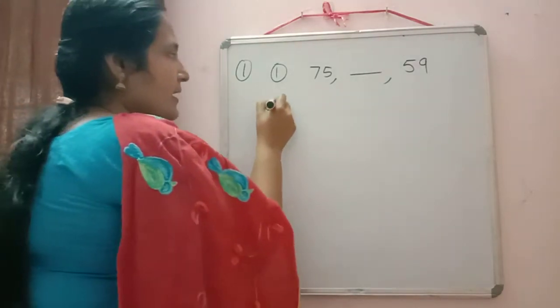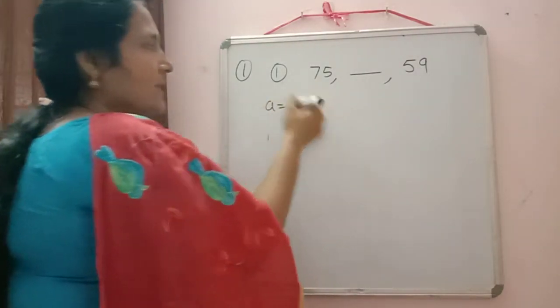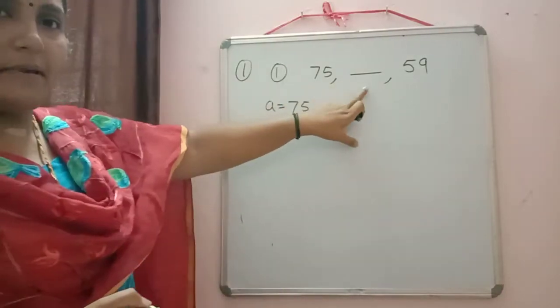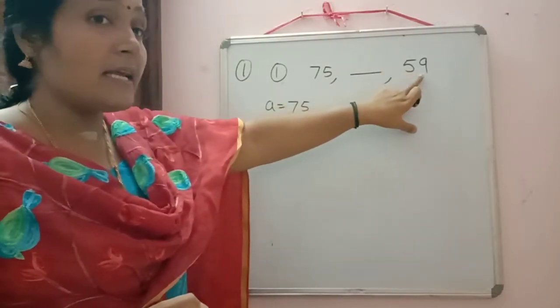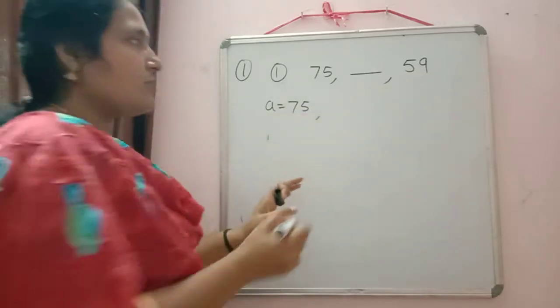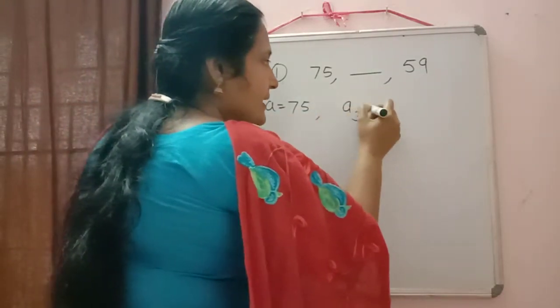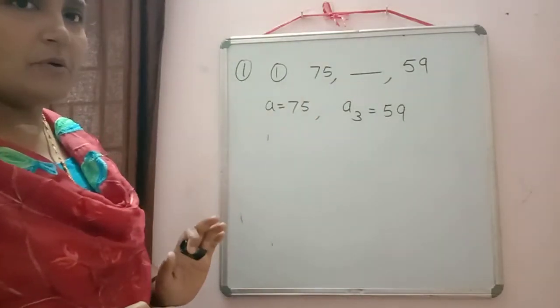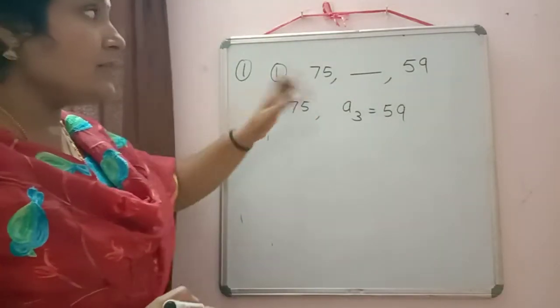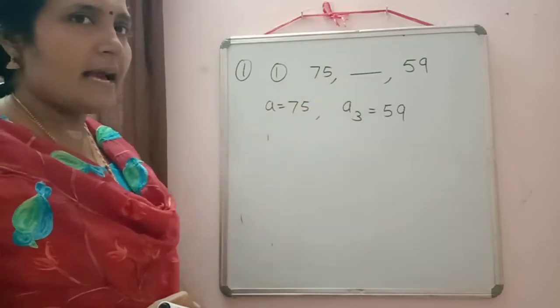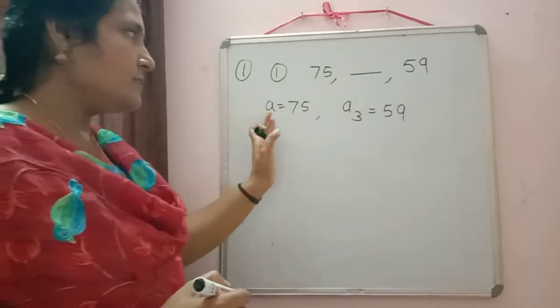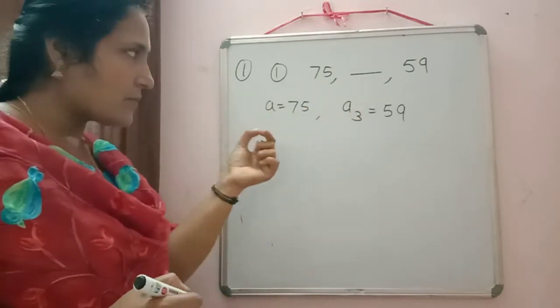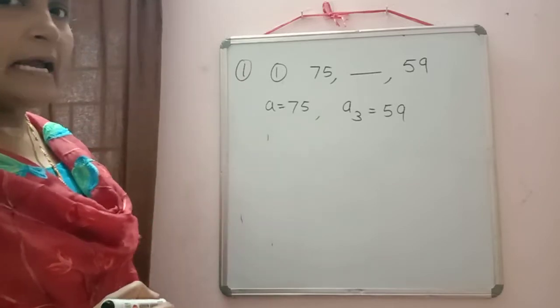The second term is not given, and the third term is a3 is equal to 59. The second term we have to calculate. If we know the value of d, then we can calculate the second term. So using these two pieces of information, we will calculate the value of d.